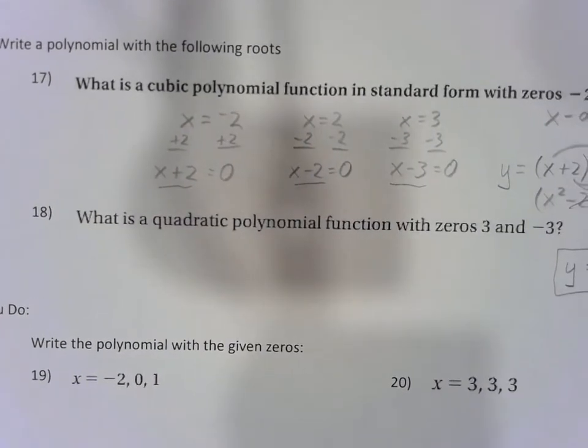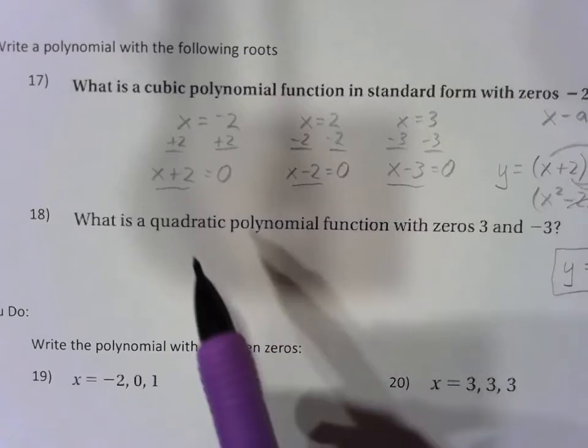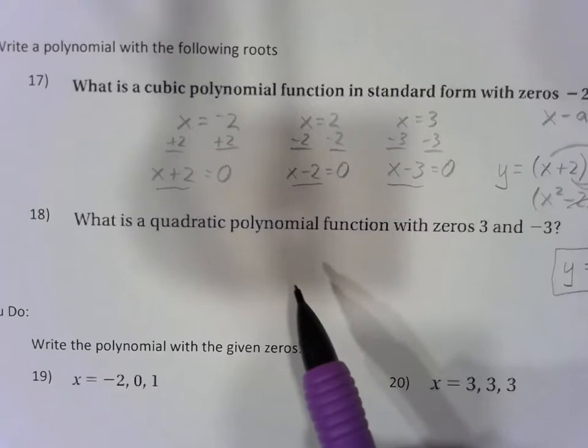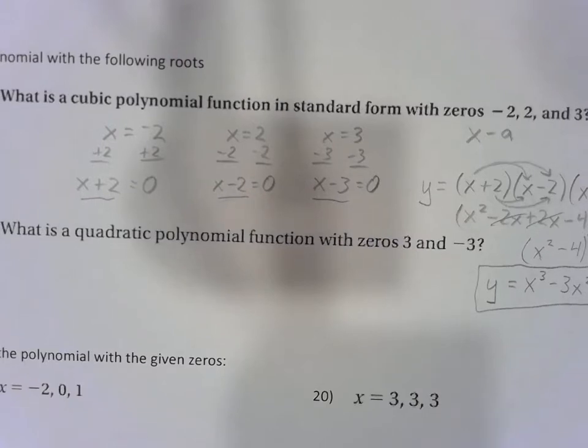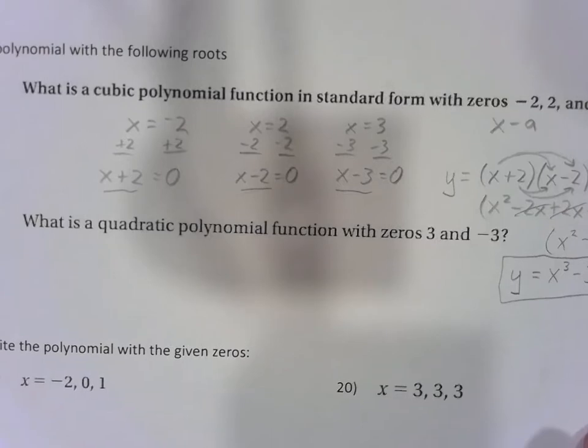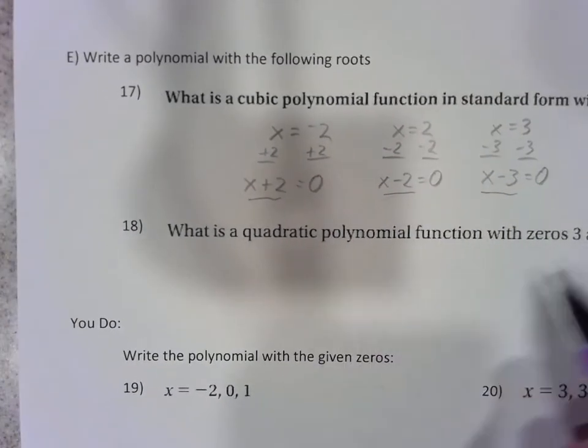So, number 18 is a little bit easier version of that, but it's the same kind of idea, except you only have 2 zeros because it's a quadratic function. So write it in factored form first, and then multiply the factors together to get standard form. So, to do that, our zeros are 3 and negative 3.